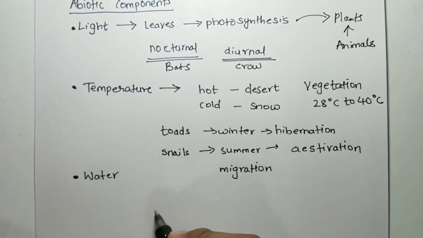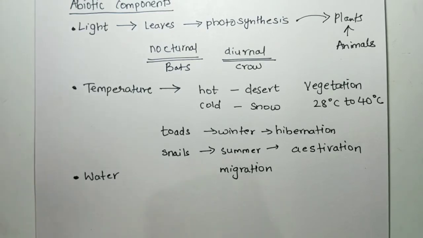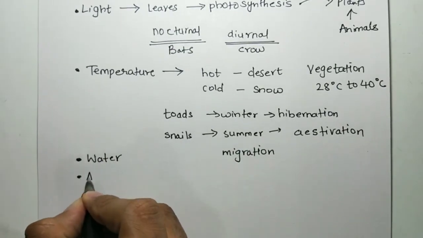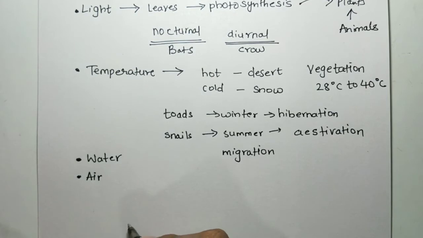Water is very important because water is used for aquatic life. Water is used by non-aquatic life, by plants for photosynthesis, for human beings, for animals, for growth of vegetables, for growth of crops, growth of flowers, trees. Water is essential. Okay, in the same way, air is another essential.